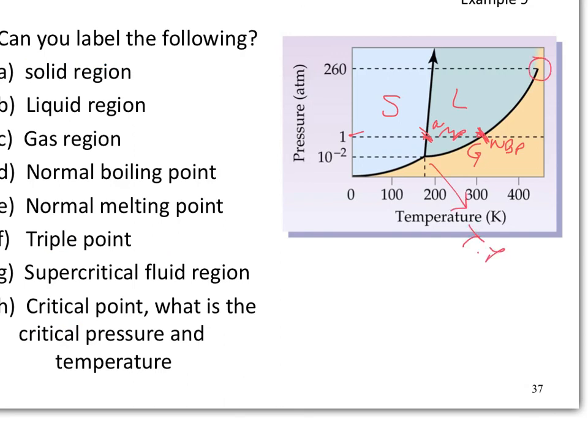Beyond this point, we will have the critical point. So this is the SCF region, where the critical pressure is 260. Critical temperature, you must use a ruler, is beyond this, 440 Kelvin or so. And that's how you would label this phase diagram.